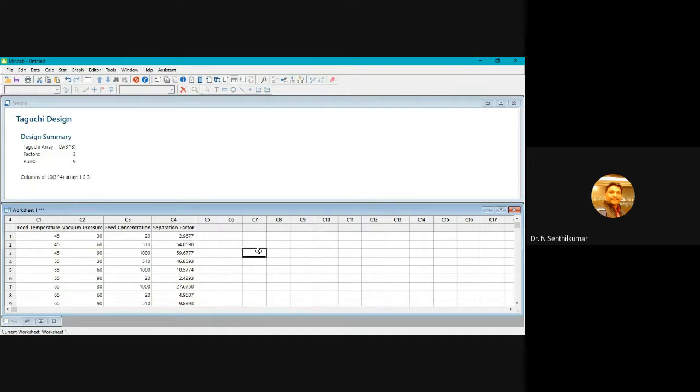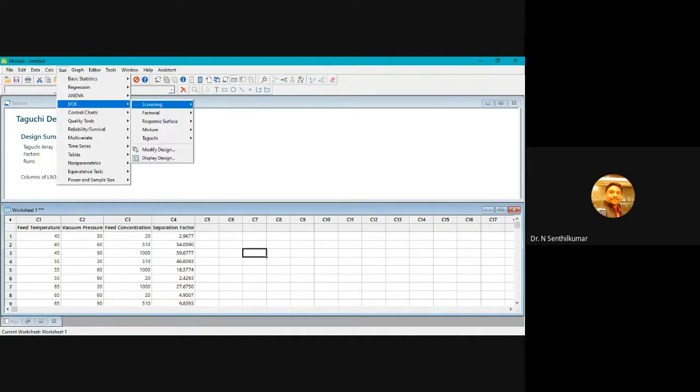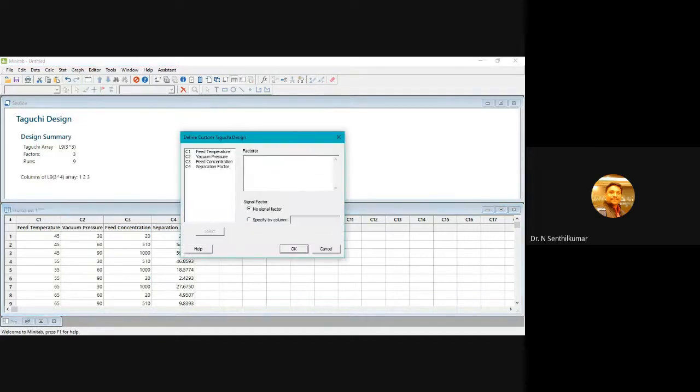Now how to analyze? The same procedure: Stat, DOE, Taguchi, Define. Now you can see these 2 tabs are getting highlighted. Previously only the Create Taguchi Design tab was highlighted, and now these 2 tabs are highlighted. Then Define. What are the factors?